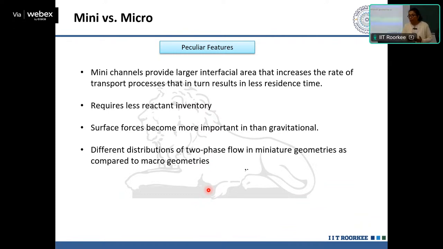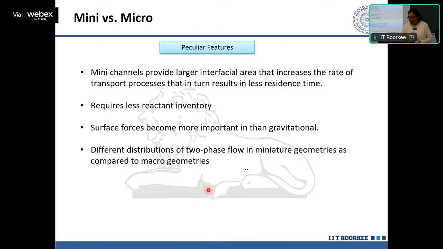So the question is whether the information that we already have in the literature for gas liquid or liquid liquid distribution can be applied in the mini channel, or we need some additional information.